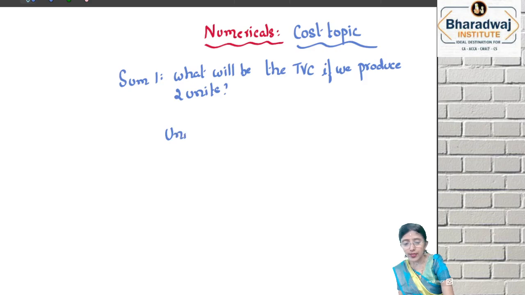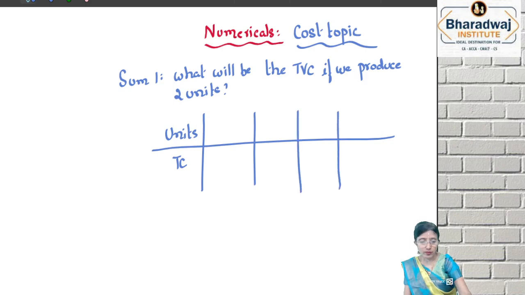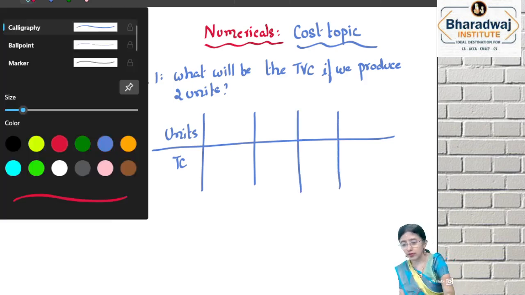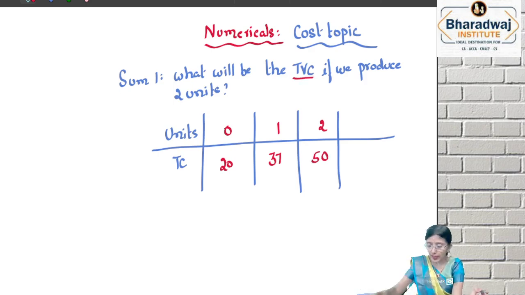Units and TC. I'm giving you units and TC. Units 0, 1, 2. TC 20, 37, 50. So what will be the TVC if we produce 2 units.